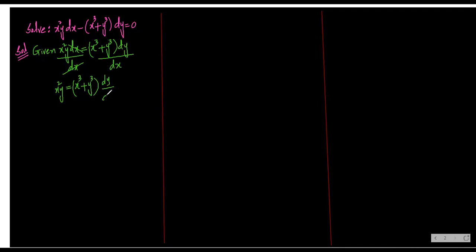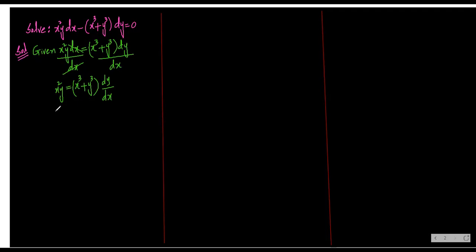Any doubt in this? Most of the time we have to try to get the dy by dx format. Okay, sir. Multiple terms come to the denominator, so this will become an improper fraction.